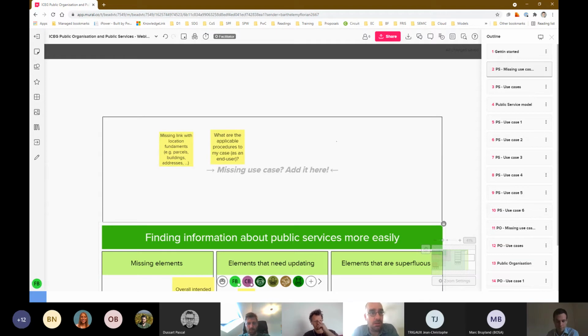Maybe, since we've discussed other use cases like regional bureaus, for example, maybe spatial information should also be available in the model at other points.